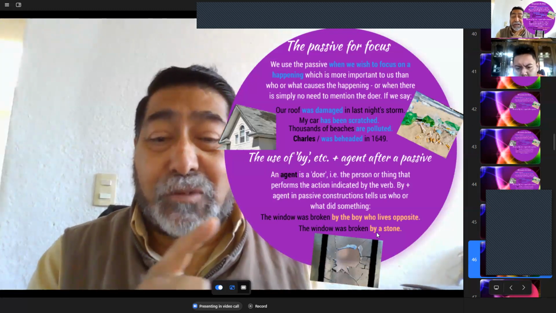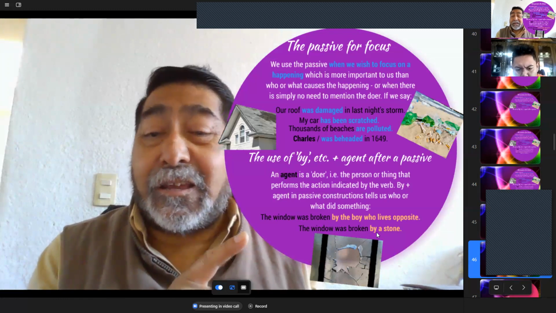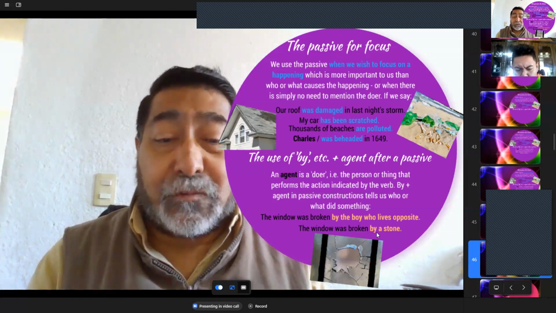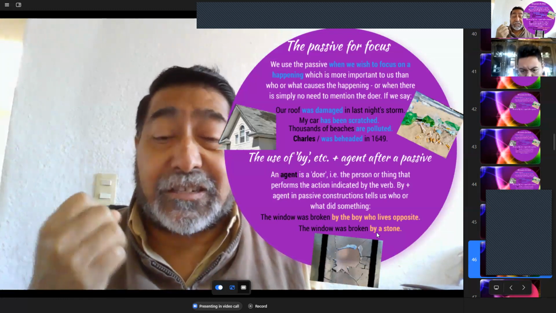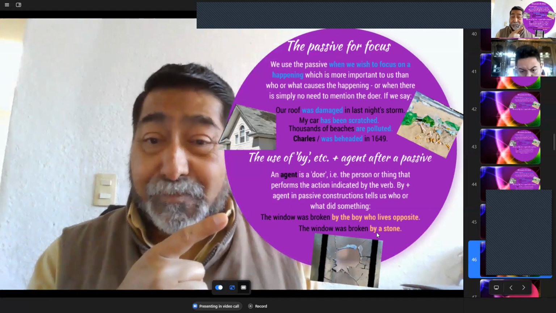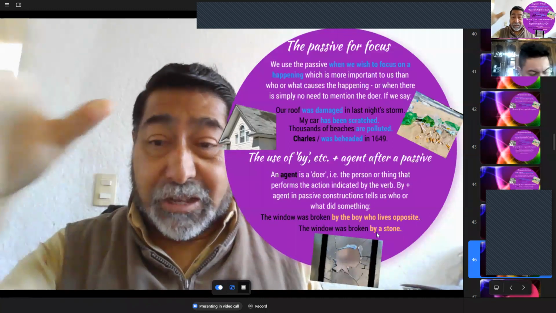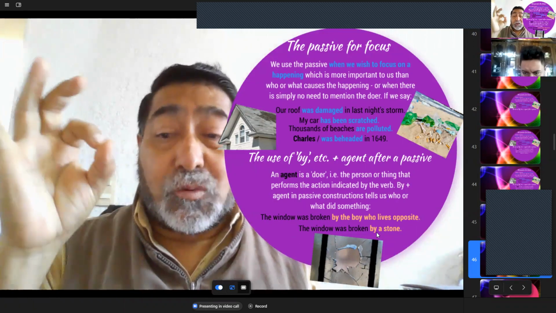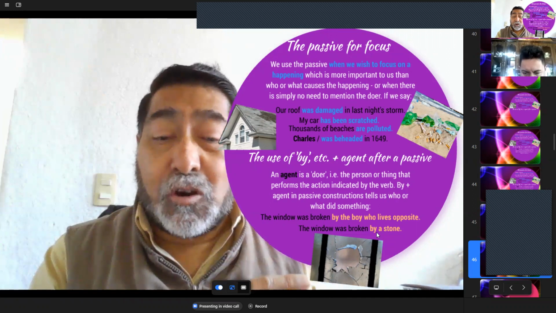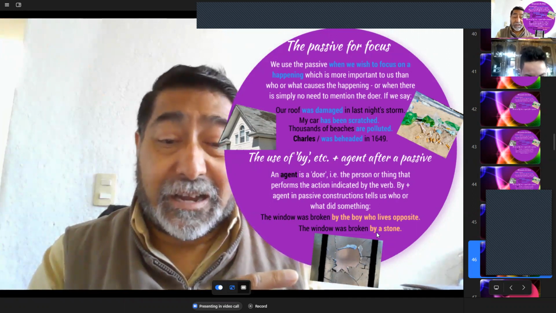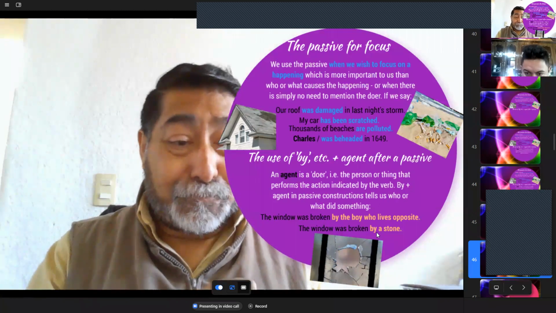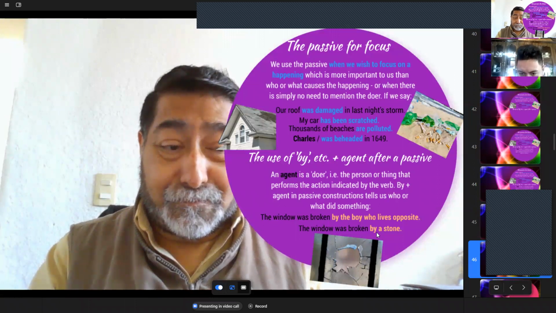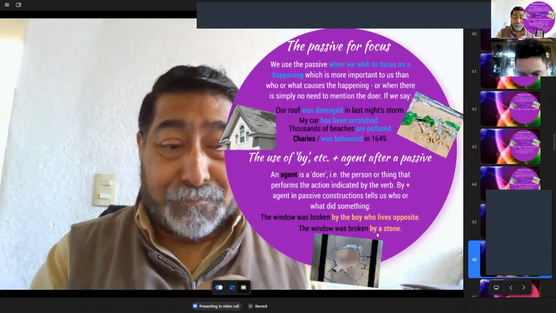Notice that here we are giving who is the doer of the action. In the first case, the boy was doing the action. He threw the stone, and the stone was the object which broke the glass. Fue rota por una piedra.